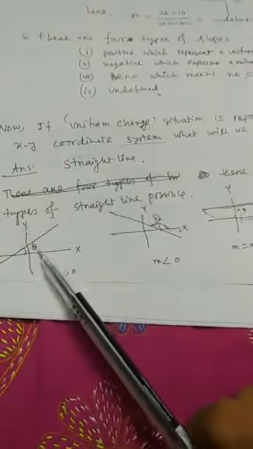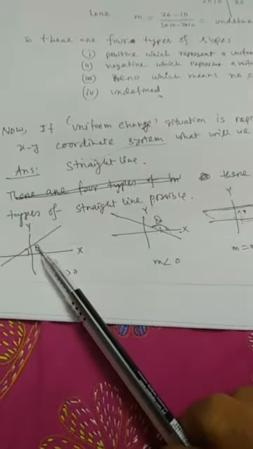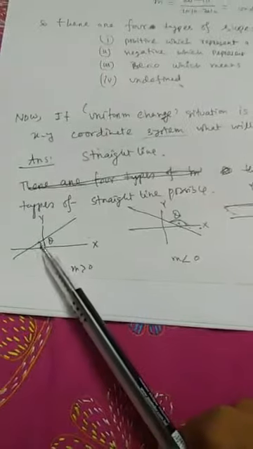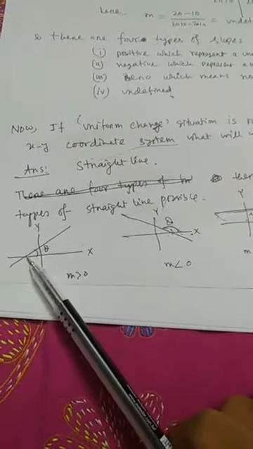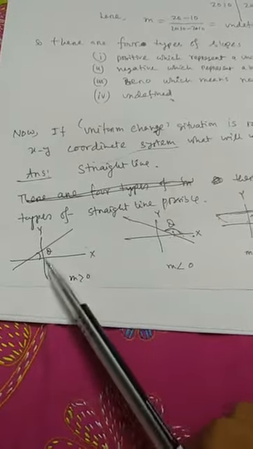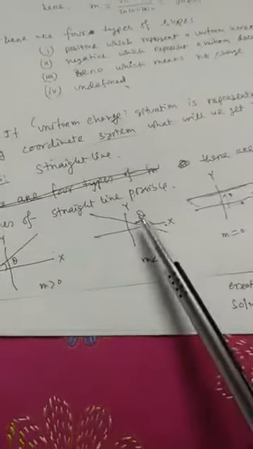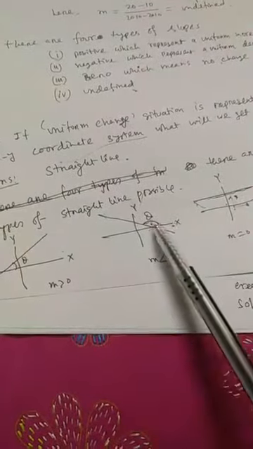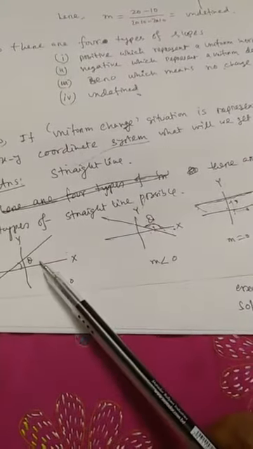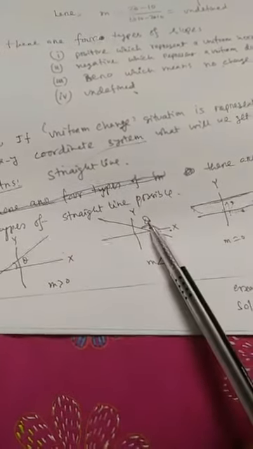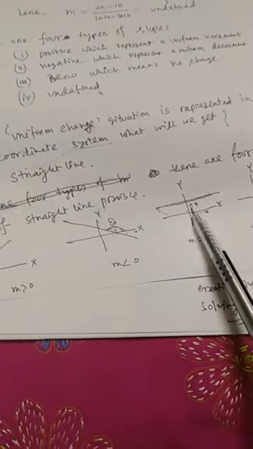Slant lines, this is a slant line, but the angle is acute angle. We are considering this angle, not this side. We are considering the angle with the positive direction of x, remember, to the right side. And this angle with the positive direction of x is obtuse. So acute means increasing, obtuse means decreasing, and 0 degree means no change.